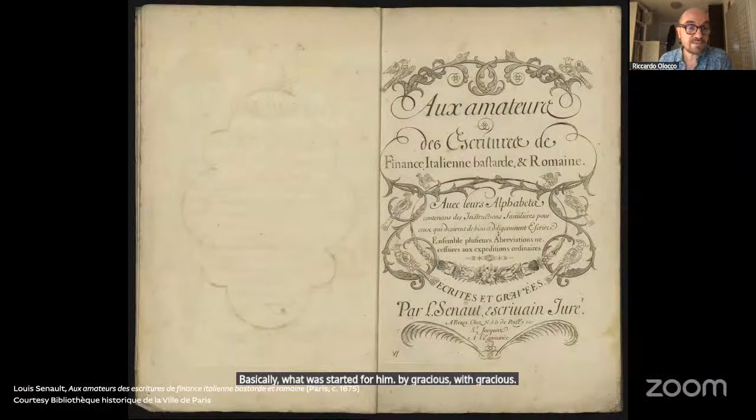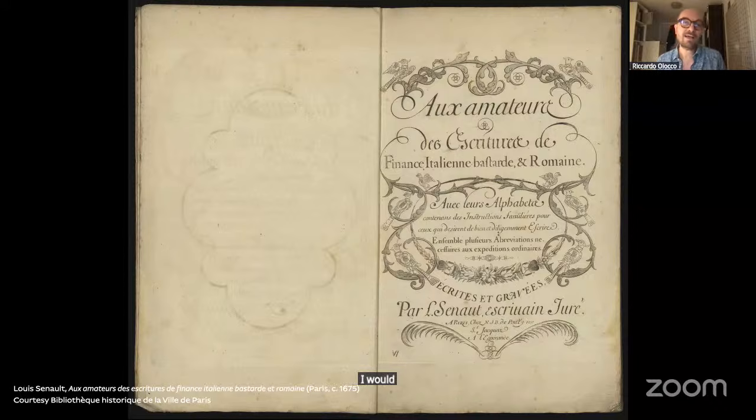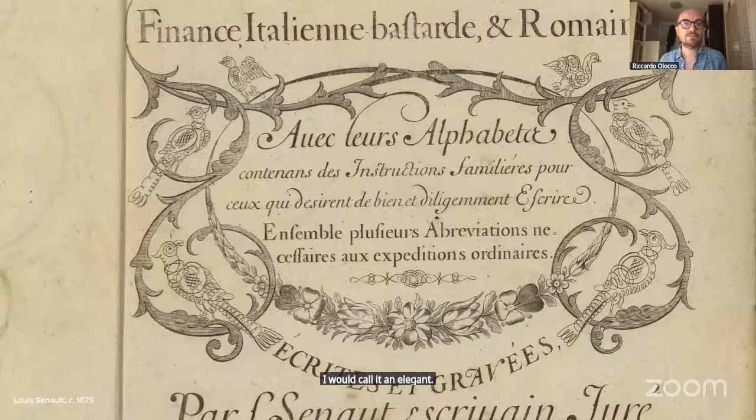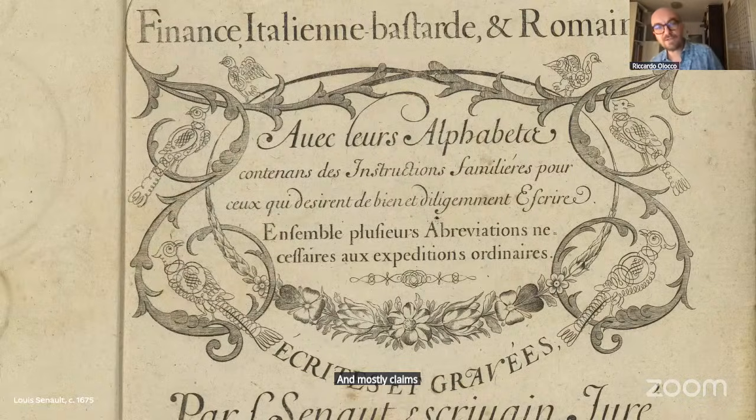But the work of masters such as Jarry and such as Senault, that you see here, displays a much greater sobriety than is seen in the Baroque models. I would call it an elegant rigidity, and Jammes claims that we can see some reflection of a society in which this style of writing flourished.